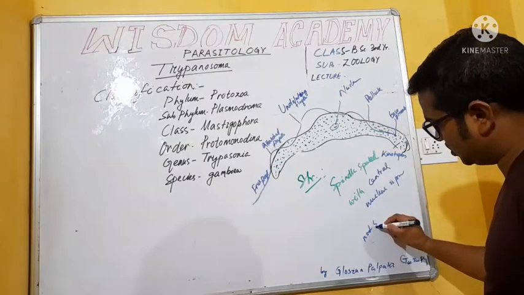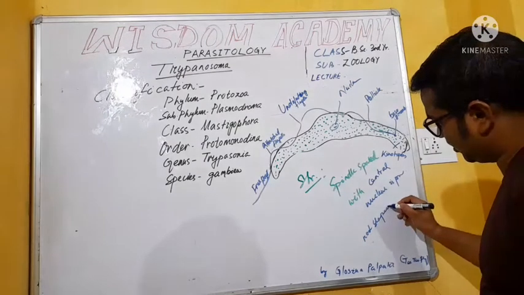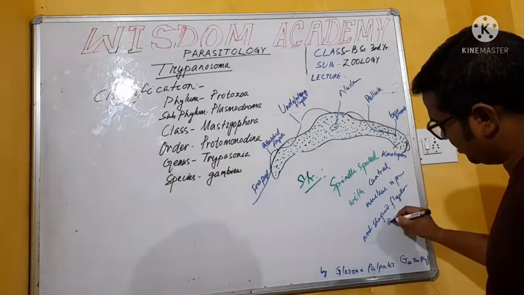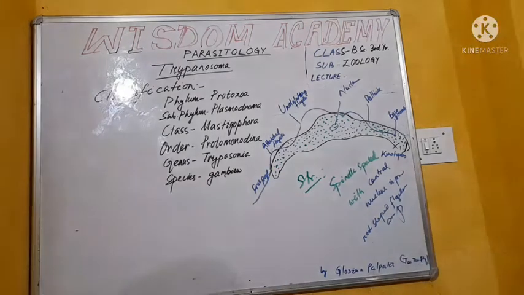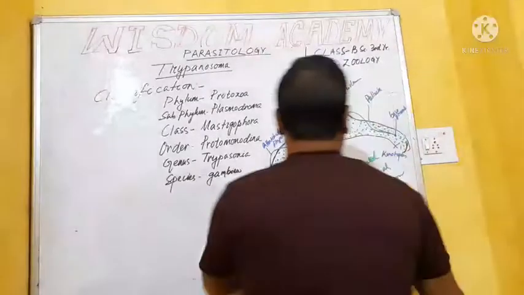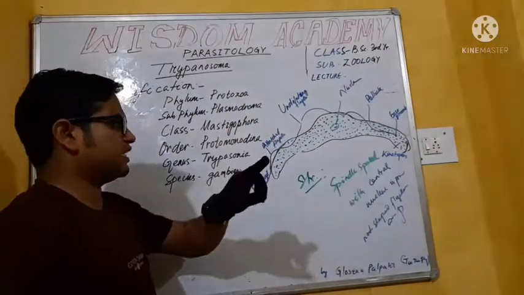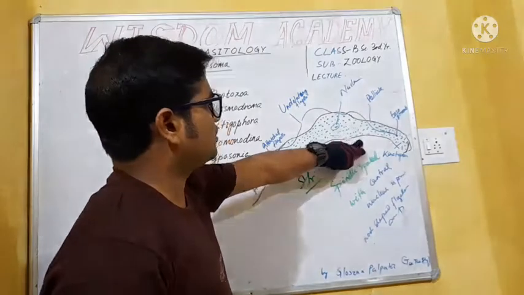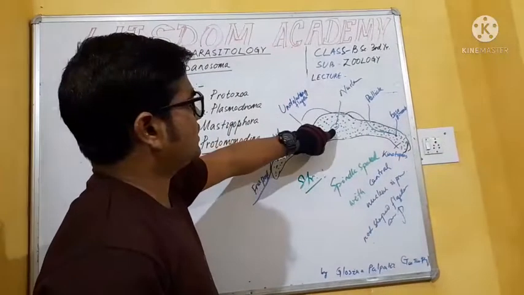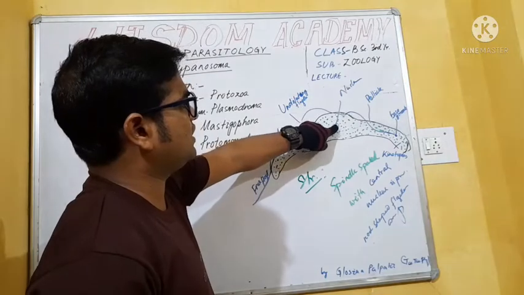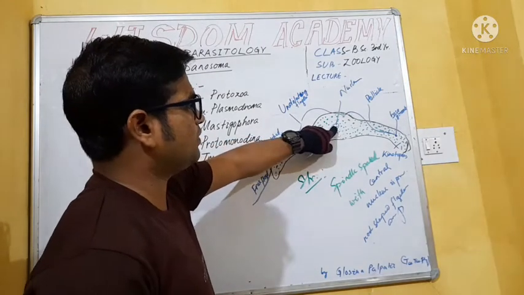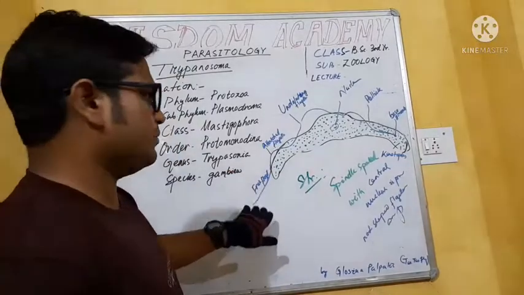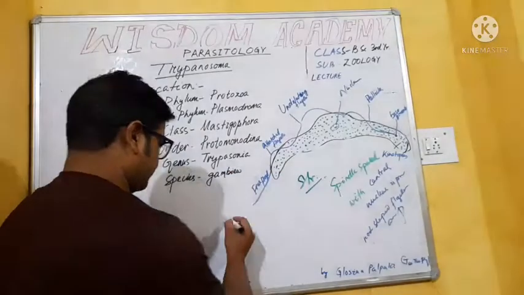Rod-shaped flagella are also present. Very simple, students. This is a very simple sentence you can write: this is a spindle-shaped structure, the nucleus is present in the center of the Trypanosoma, and the flagella are rod-shaped.